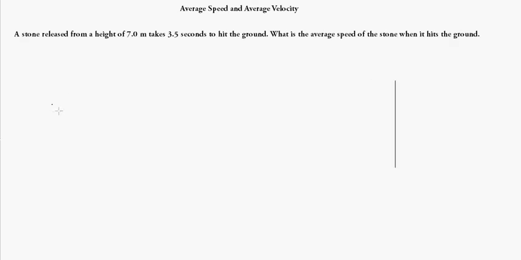Now let us see an example and calculate the average speed. A stone is released from a height of 7.0 meters and it takes 3.5 seconds to hit the ground. We have to calculate the average speed of the stone when it hits the ground. For example, this is a stone and it is released from a height of 7.0 meters.